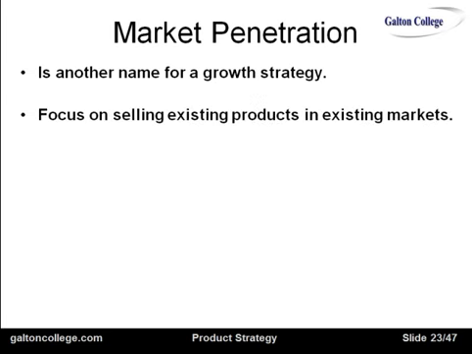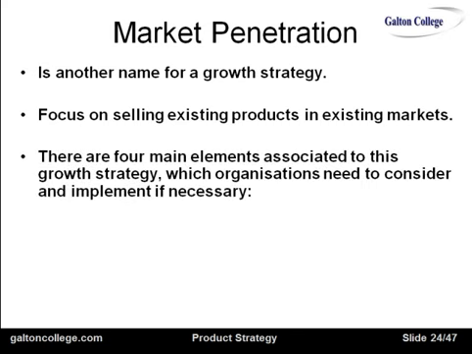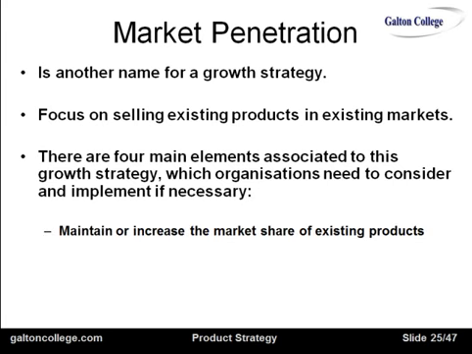The focus is on selling existing products in existing markets. There are four main elements associated with this growth strategy which organizations should take into account. That is to maintain or increase market share of existing products.